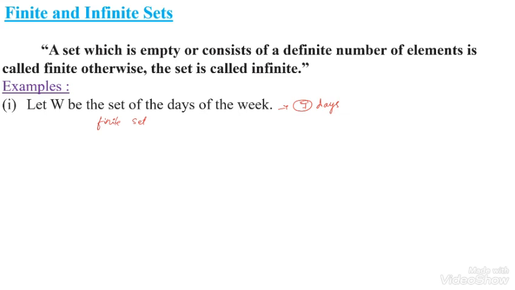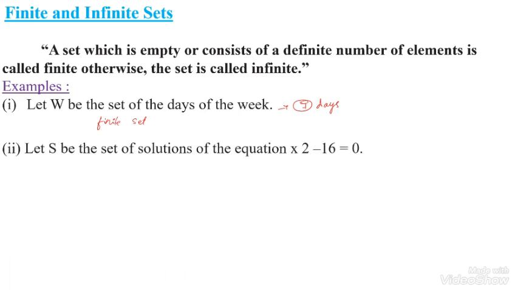Now let us move on to the next question. Let S be the set of solutions of the equation x square minus 16 is equal to 0. While solving, x squared is equal to 16, taking minus 16 to the right side, so x is equal to root of 16.